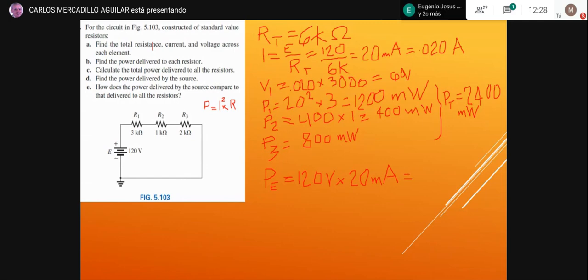It's going to be 120 times 20, exactly 2,400. Right? And the question, how does the power delivered by the source compare to that delivered by the resistors? The answer is they are equal. Okay?